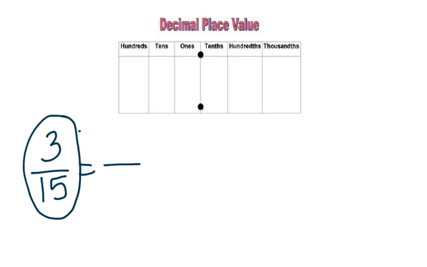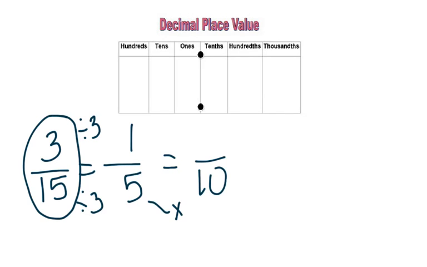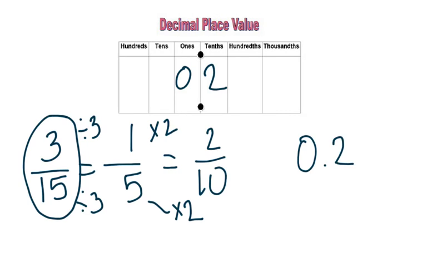And so we can do that by dividing the top and the bottom by 3. So that would be 1/5. And now that I have 1/5, I know easily I can get to tenths because 5 times 2 is 10 and 1 times 2 is 2. So my answer would be 2/10, written just like that.